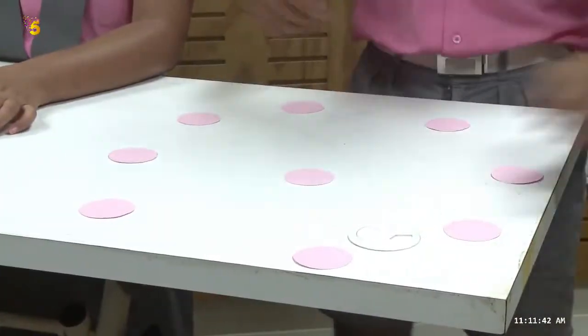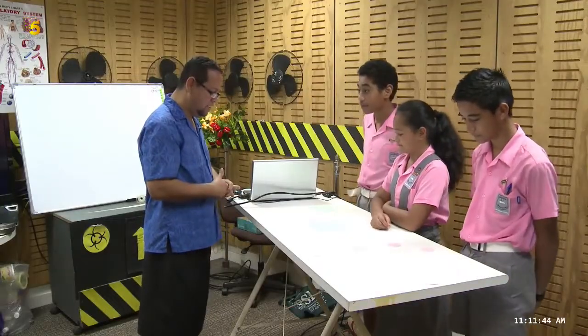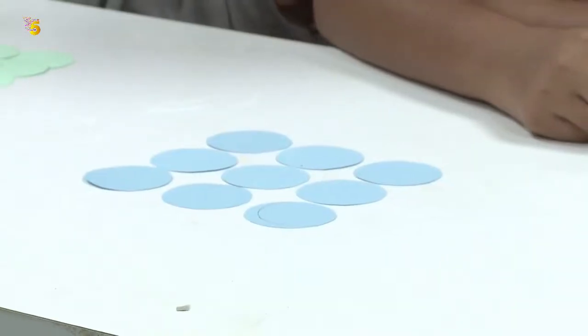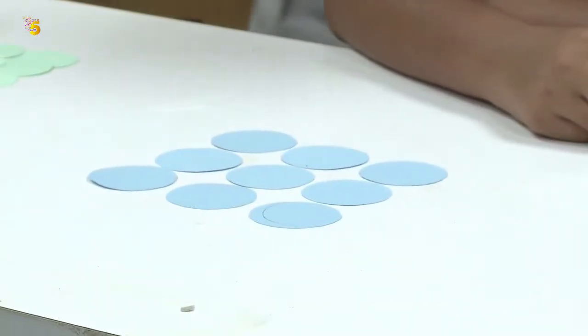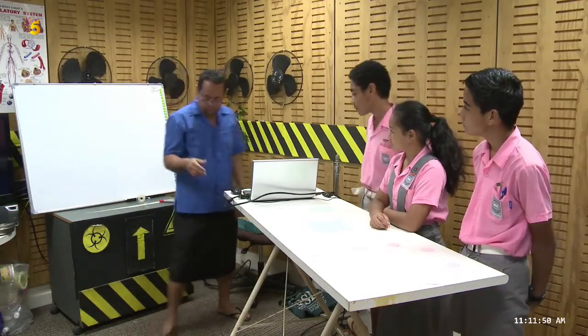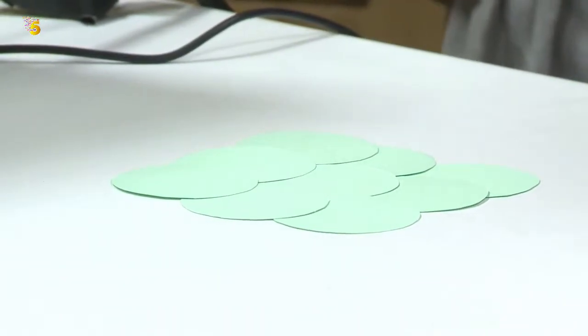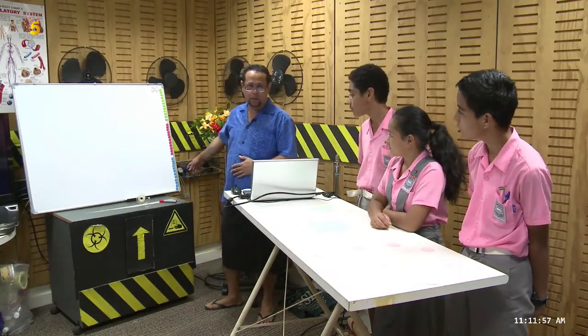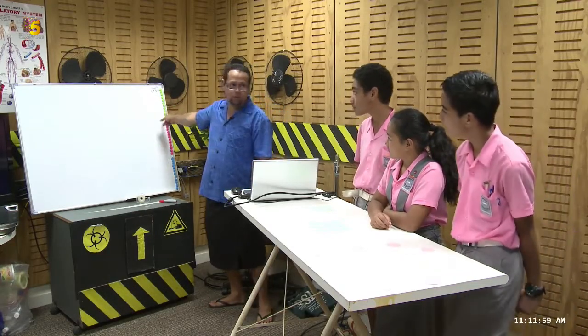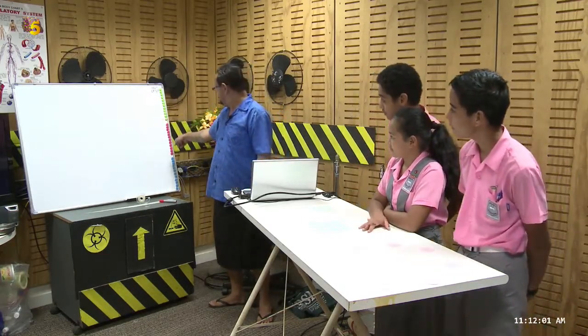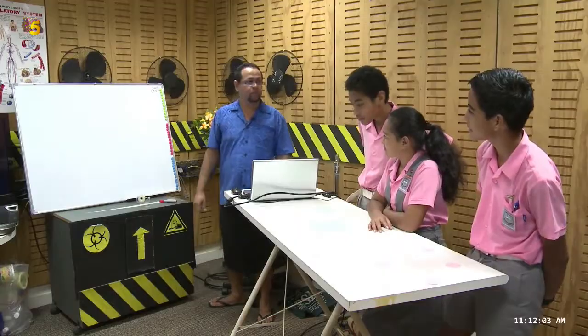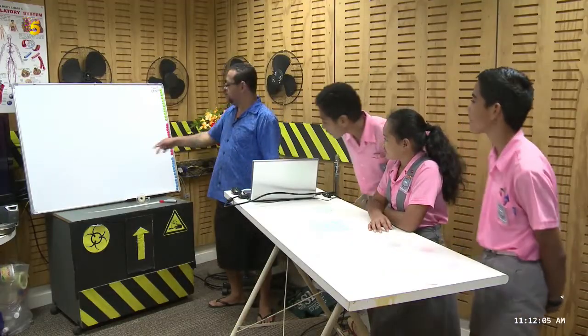Okay. Is that it? Now, if you look up here, just for the other kids there, have you finished with this? I want you to use the blue for the water, for the liquid. Use the green for the solid, and use the pink for your gas. I want the solid to come up here first.